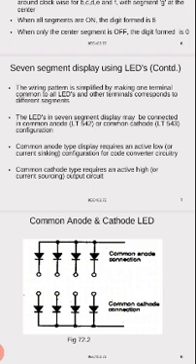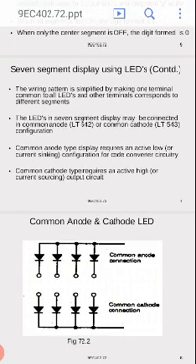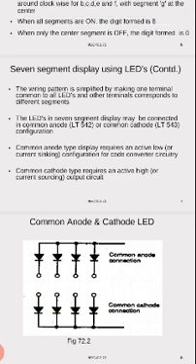All diodes, all four diodes at common anode side arranged in parallel configuration, and at common cathode side four diodes are arranged in parallel connection.